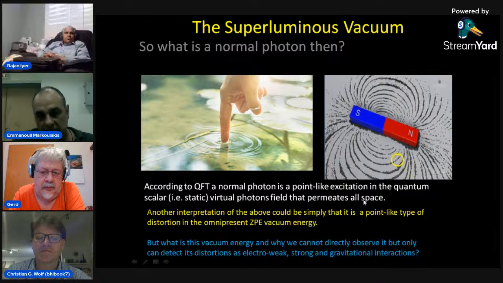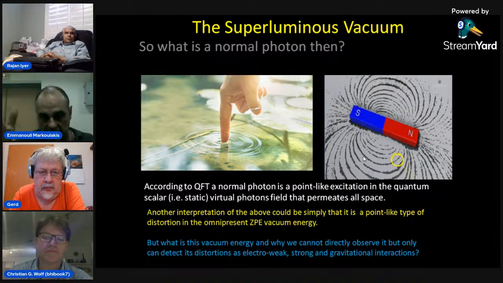So if you imagine this is the static field of a magnet, and we poke it here, just to interrupt it locally at a point, this will make circles that will propagate, like the example of the lake, through all the static fields. There will be a vibration that will propagate through this static field.